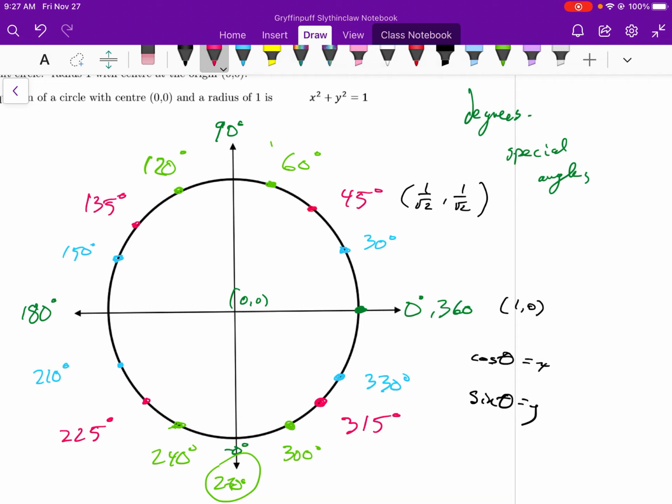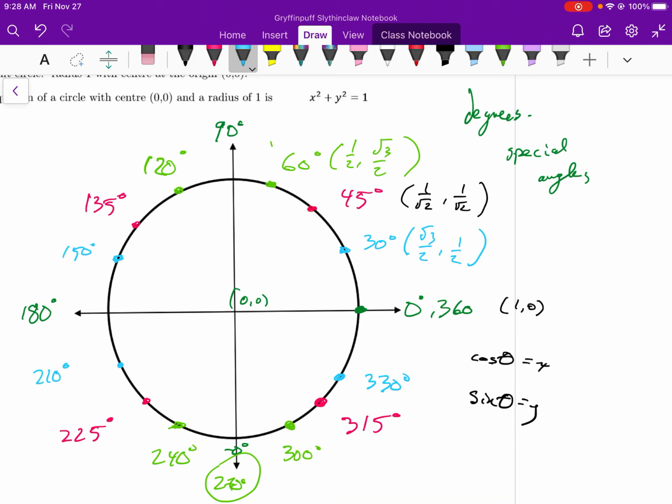Now, in the 30-degree angle family, the xy coordinates are going to be root 3 over 2, comma, 1/2. In the 60-degree angle family, the xy coordinates are 1/2, root 3 over 2. Well, pardon me, I messed this up over here. Incorrect. This should be root 3 over 2, comma, 1/2. My mistake.